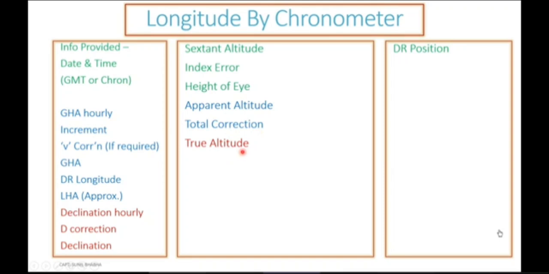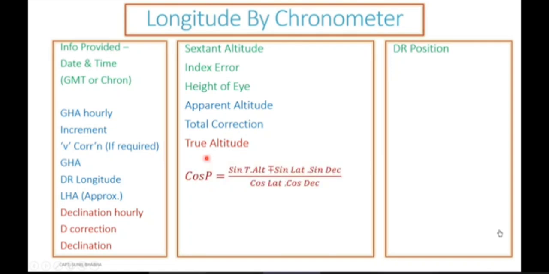So this is step number 2. So we obtain the true altitude of the body. Now, once we obtain the true altitude, GHA and the declination, we are ready to apply the Longitude formula.